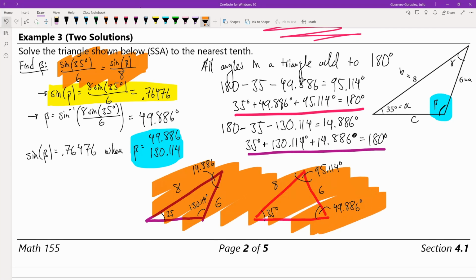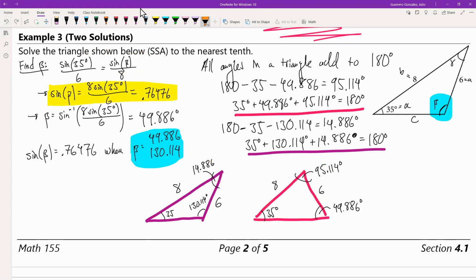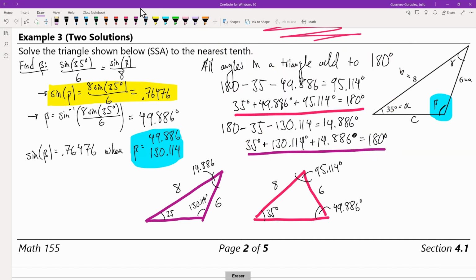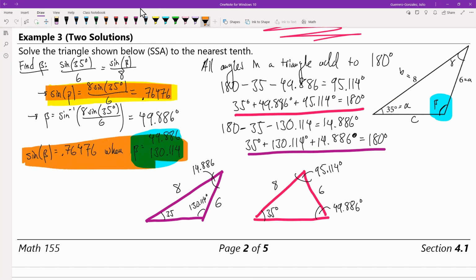You have to check for both. The way that you check it is this. This is always going to be the check, and the root for that check is going to be this thing right here.